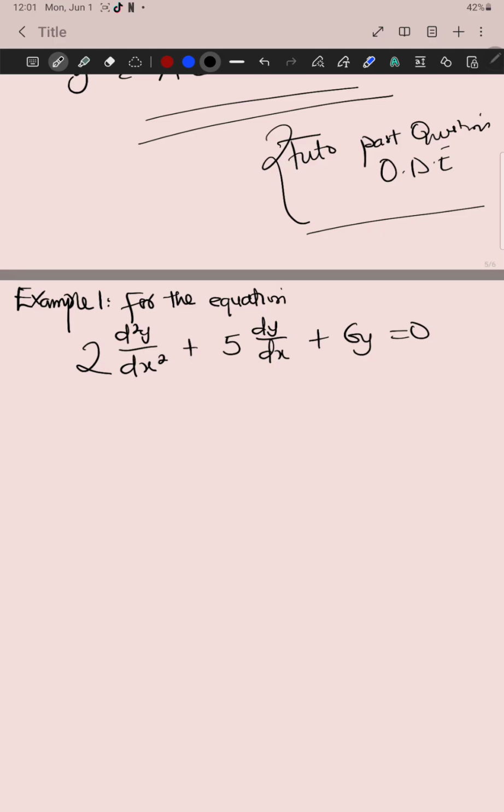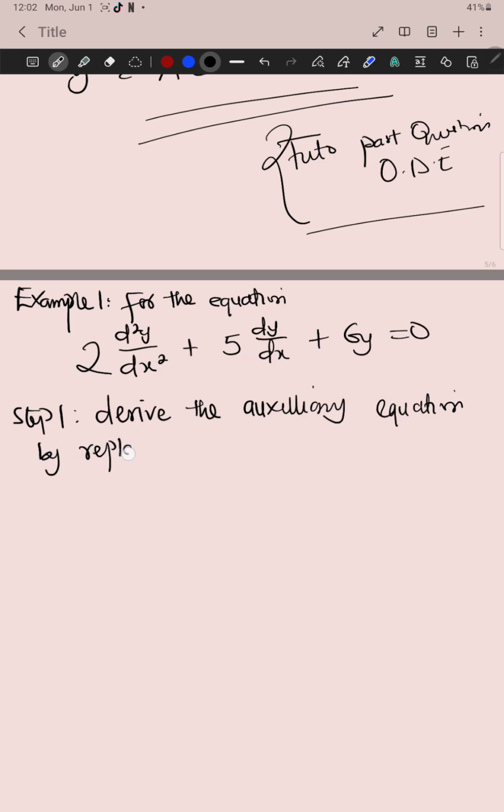Now, our first step is to derive. Step 1. Derive the auxiliary equation by replacing dy over dx as m. That's the first thing we're going to do.